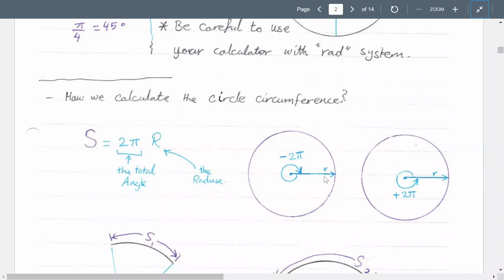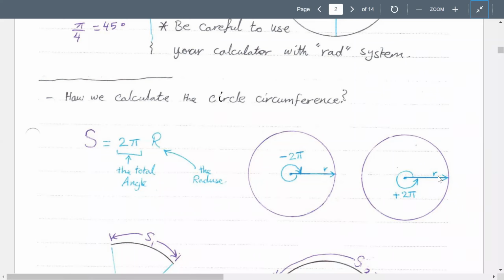Okay. The circular circumference, it is easy to compute. We know that from before, from our study from before. We have 2 pi. The 2 pi, it is the total angle that rotates over all the circle. 2 pi multiplied by the radius, r. I put capital R here, small r there, there's no difference.